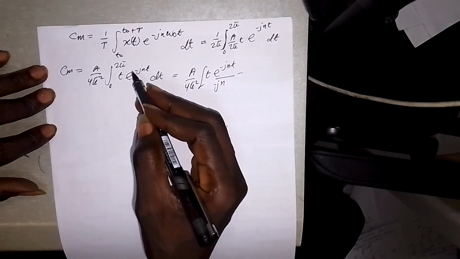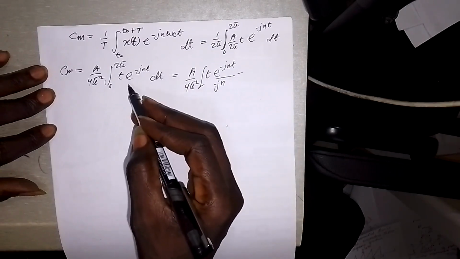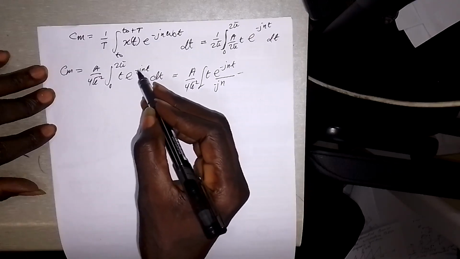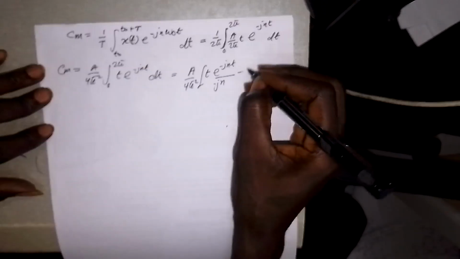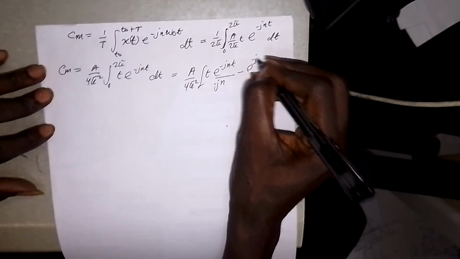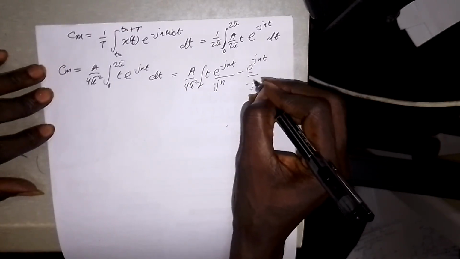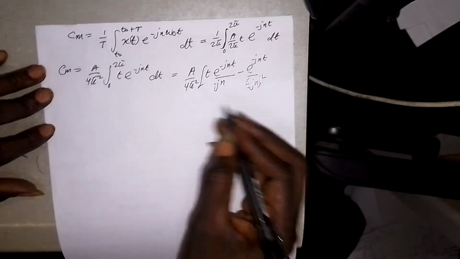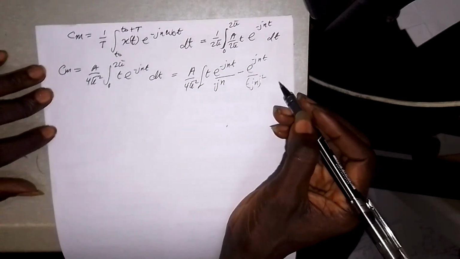And you integrate this one, the first time you get e to the minus jnt over minus jn, then integrate again, you get e to the minus jnt over minus jn squared. So from the integration by parts, I'll get e to the minus jnt over minus jn, all squared.